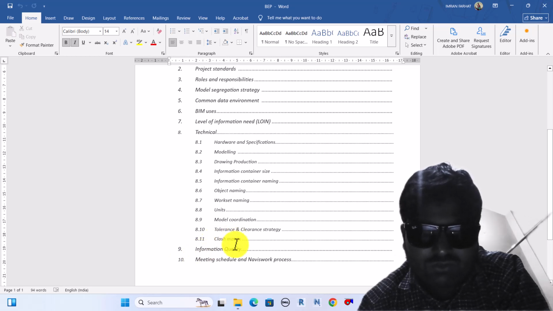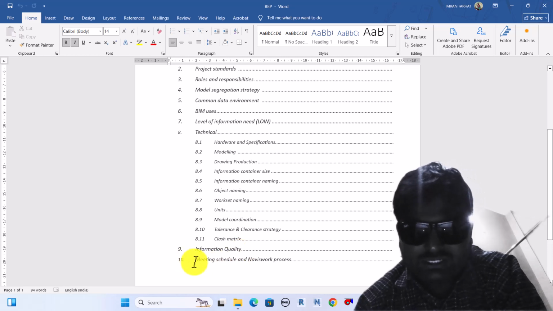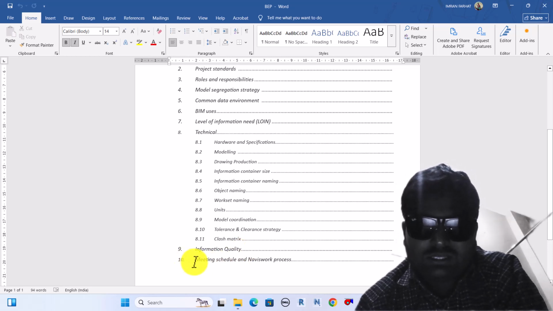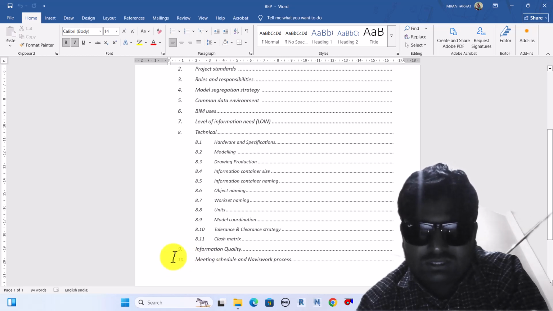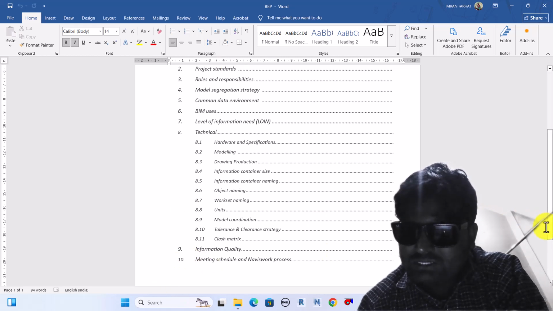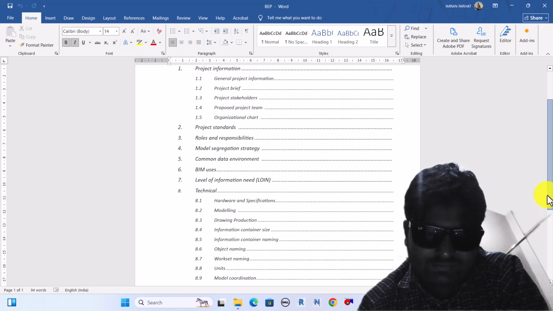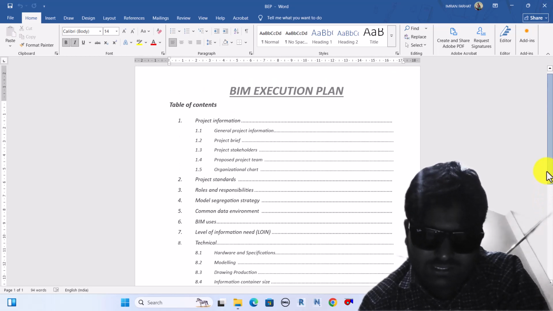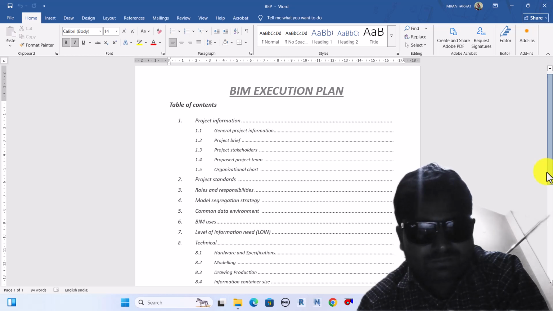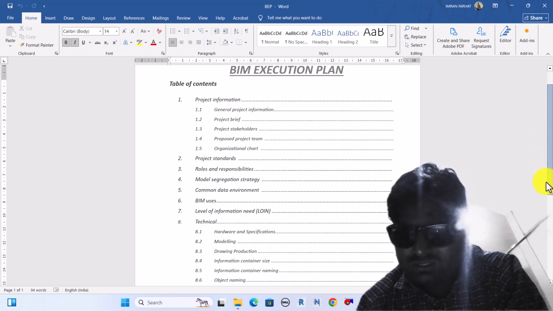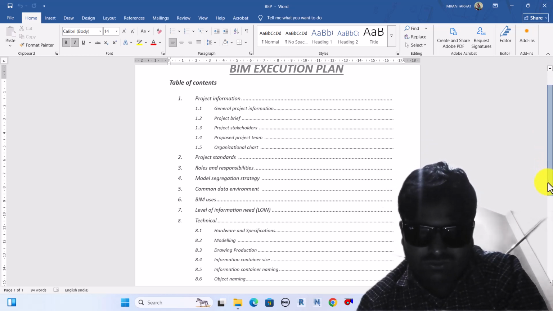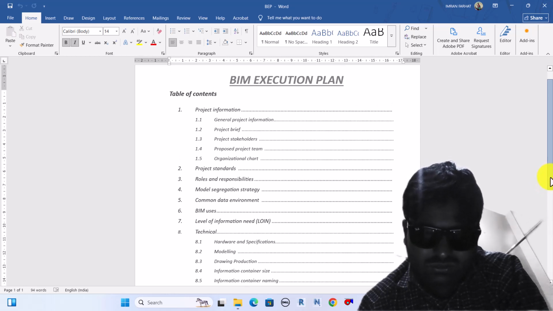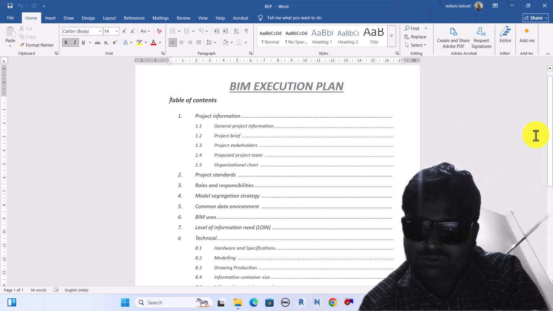The ninth is information quality, and the tenth is meeting schedule. So these 10 points are mostly explained in a BEM execution plan. It could be more, but these 10 are generally followed, and they are important.